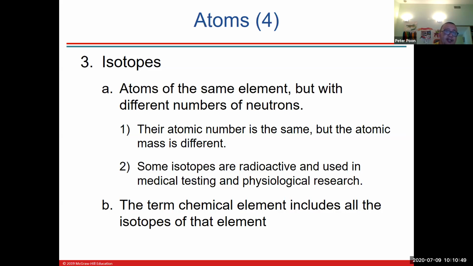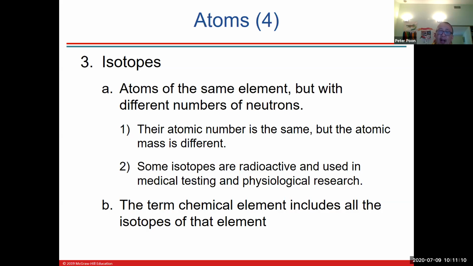An isotope is an atom of the same element but with a different number of neutrons. Their atomic number is the same, but their atomic mass is different. So if you add a neutron, you add mass, but you don't add anything to the atomic number.